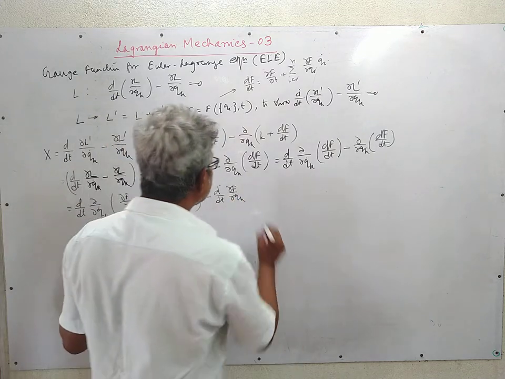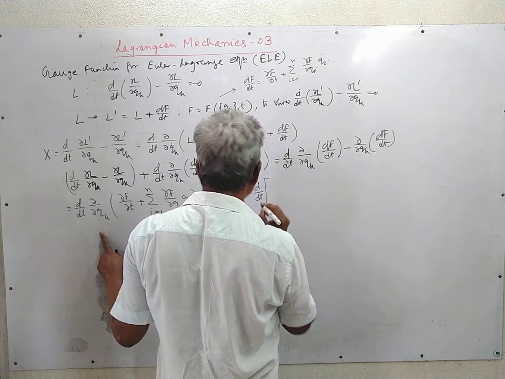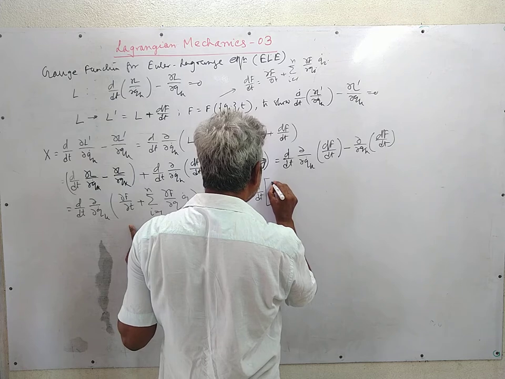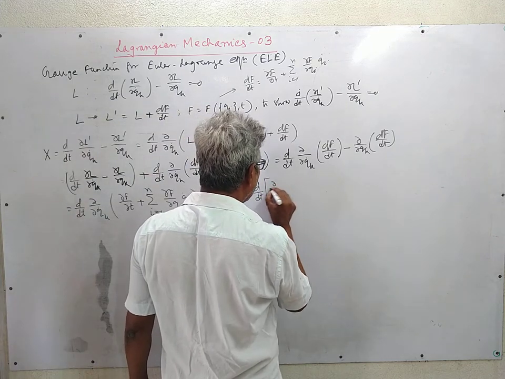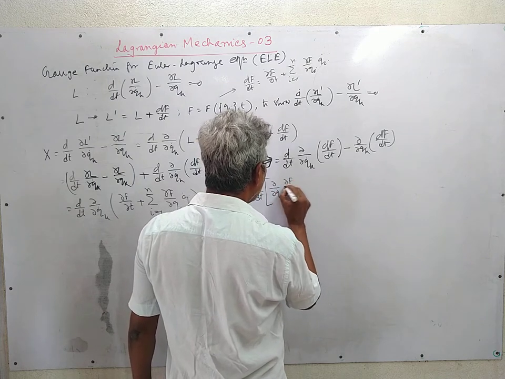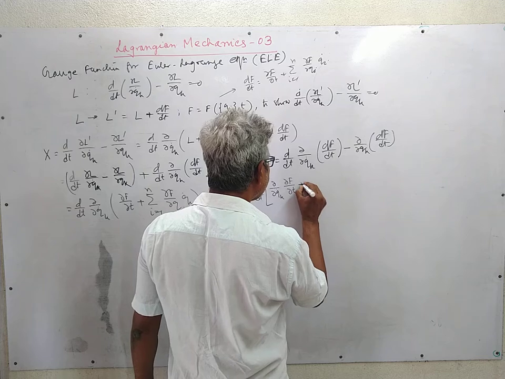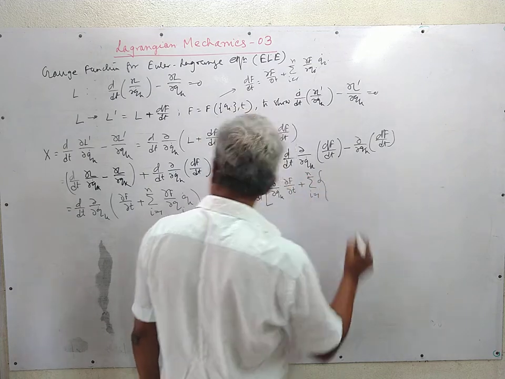Now coming to this term, d/dt first operates on this, so we have ∂/∂q_k dot of ∂f/∂t plus summation over i equal to 1 to n.